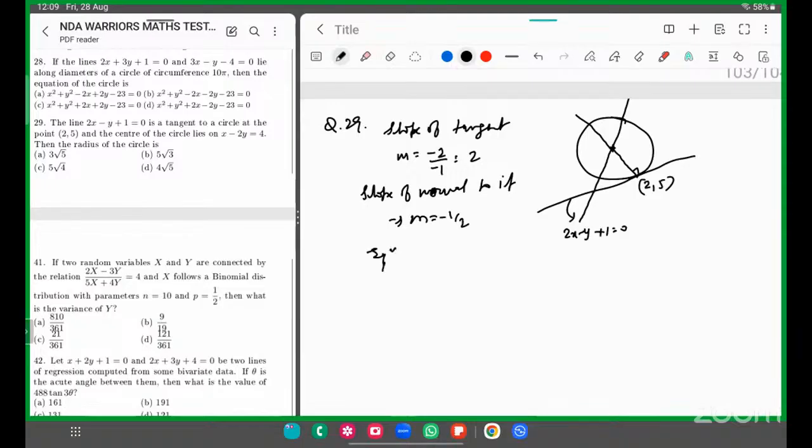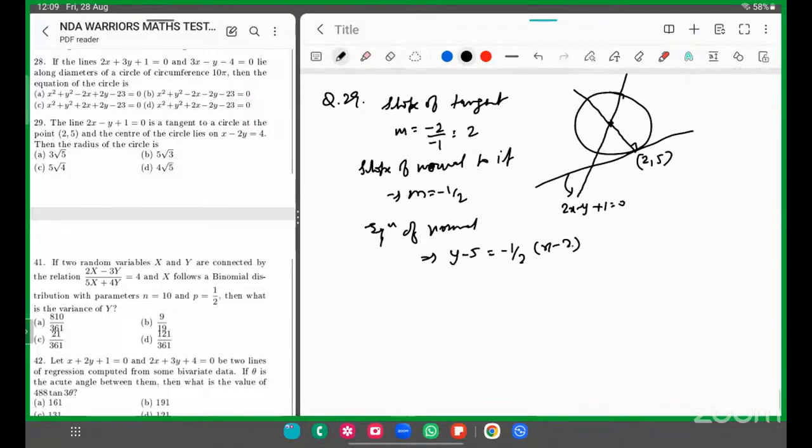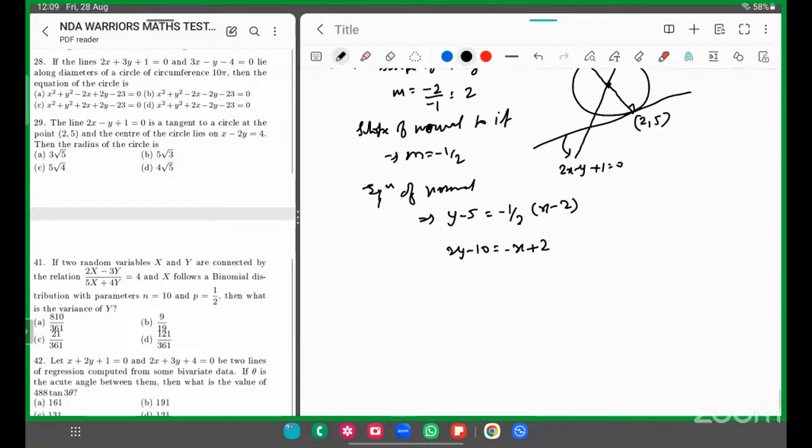Equation of normal implies y minus 5 equal to slope, that is minus 1 by 2 into x minus 2 like this. So 2y minus 10 equal to minus x plus 2. Then we can write x plus 2y minus 12 equal to 0. This is the equation of normal.